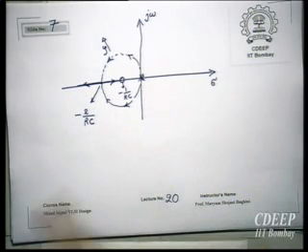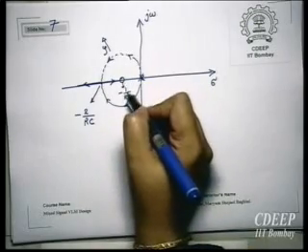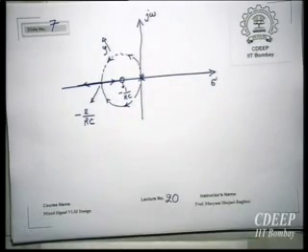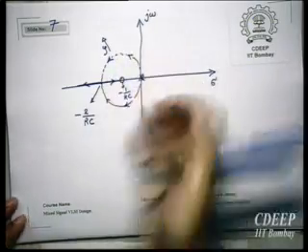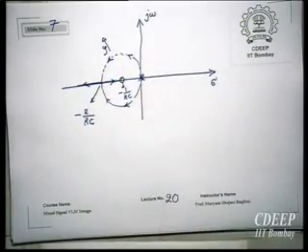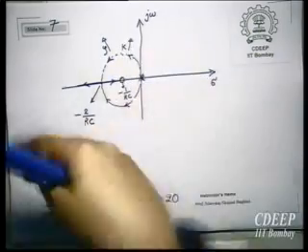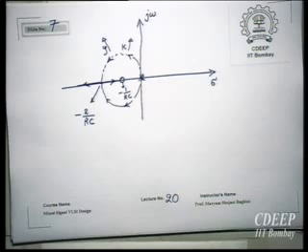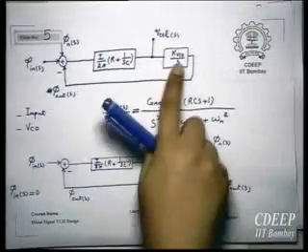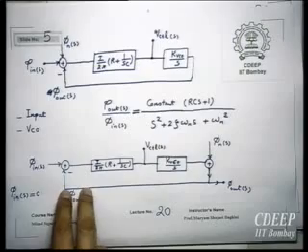It can be shown that it is essentially a circle with a center at minus 1 upon RC, and we are just changing the value of K, which is the entire gain of the loop. As K increases, how does this change? In this particular case, K will be KVCO multiplied by I upon 2 pi.